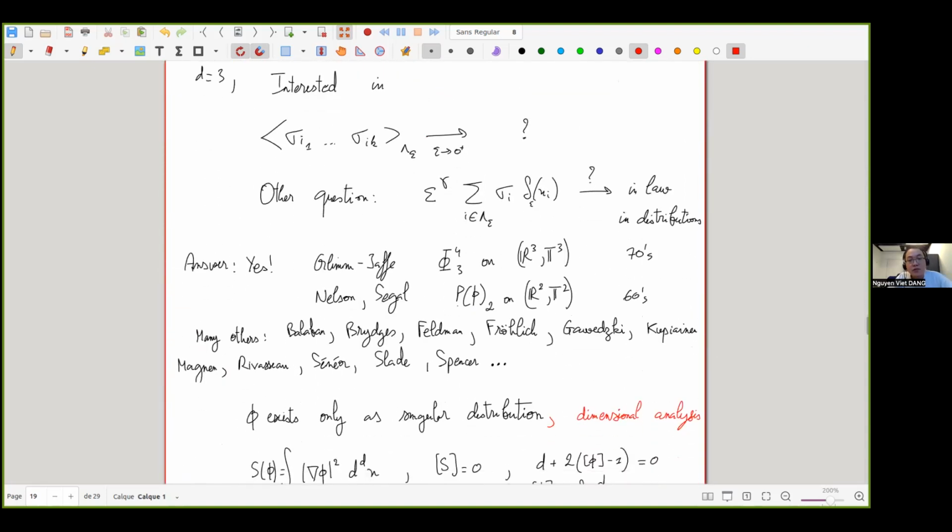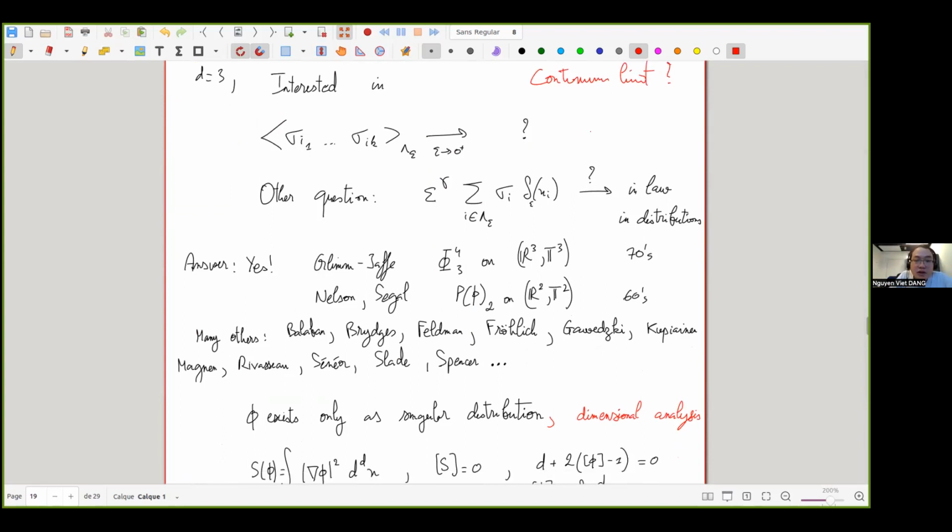Okay, so in the case the dimension d equals 3, what we want is to take the scaling limit of your discrete box when the lattice spacing goes to 0. In fact, you want to take the continuum limit of the discrete model. So what does it mean to take the continuum limit?